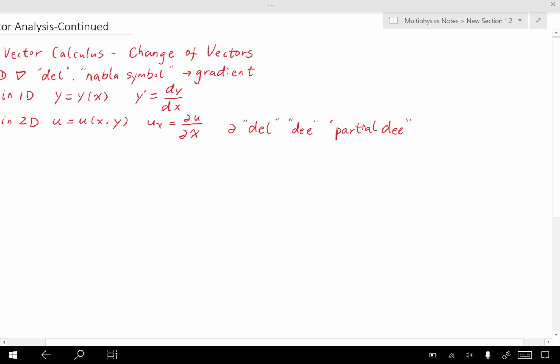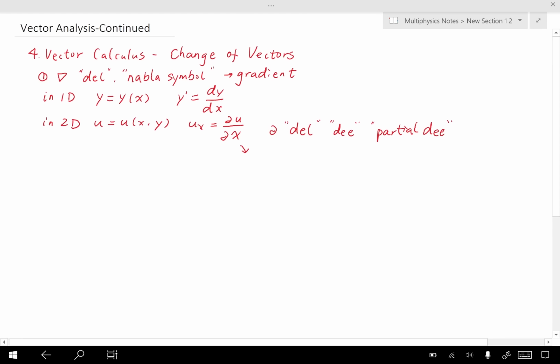That's how we say it in a comprehensive way. So make sure you know how to pronounce it. That's the partial derivative of u with respect to x. But a simple way, just partial u, partial x. That's a simple way.